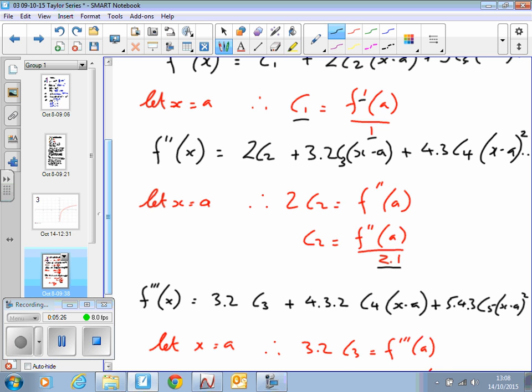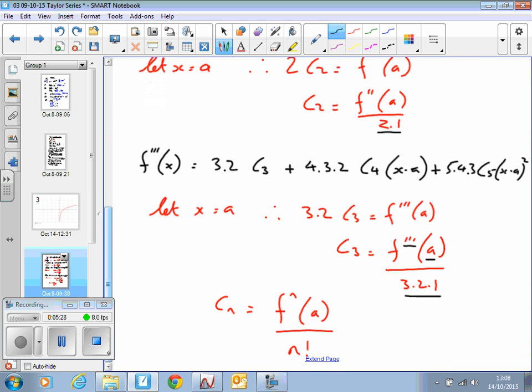and so we can think of these as factorials. So we can generalize: Cn equals the nth derivative at a divided by n factorial, and we have a way of finding the value of C1, C2, C3, C4 up to Cn. We just differentiate over and over again, find the value of the nth differential at a and divide by n factorial.